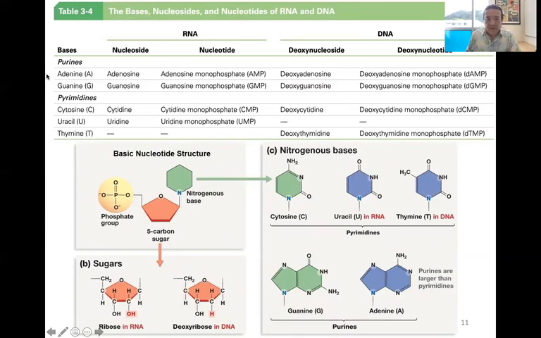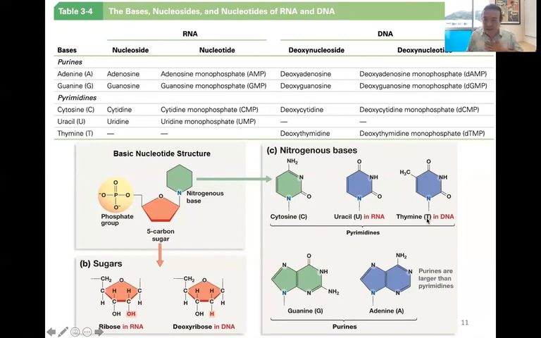So the 5 nitrogenous bases that make up our nucleic acids in our cells, our DNA and RNA, here they are pictured. Here are the structures. Cytosine, thymine, and uracil are the pyrimidines. I think you all know that in DNA, thymine is used.